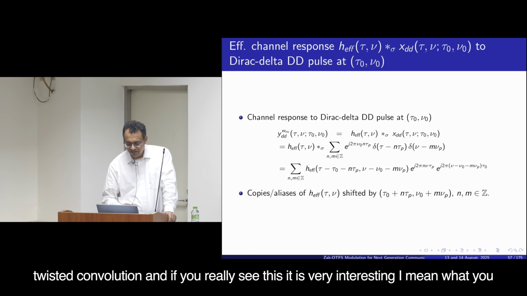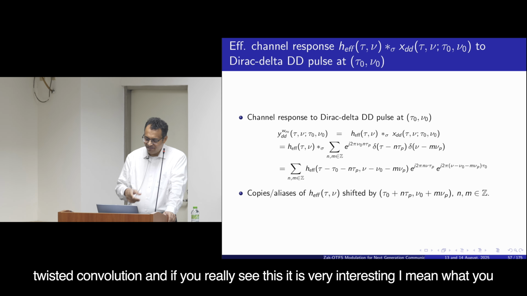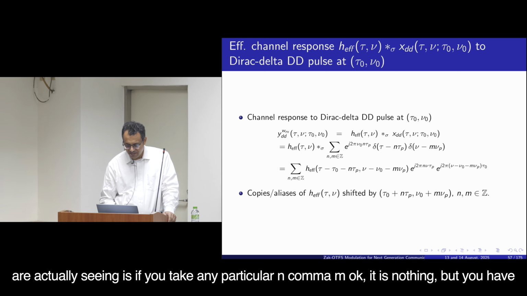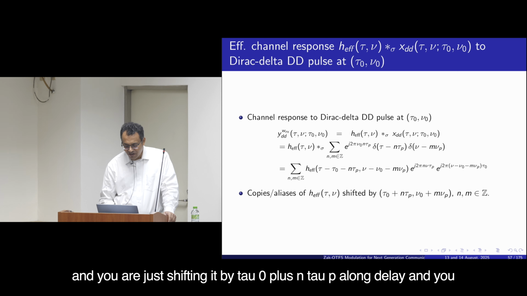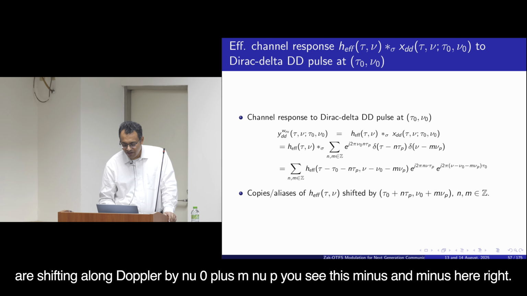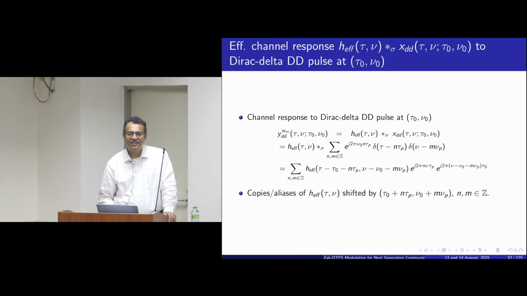And if you really see this, it's very interesting. If you take any particular n comma m, it's nothing but you have your H effective tau nu, and you are just shifting it by tau 0 plus n tau p along delay, and you are shifting along Doppler by nu 0 plus m nu p. You see this minus and minus here, right.